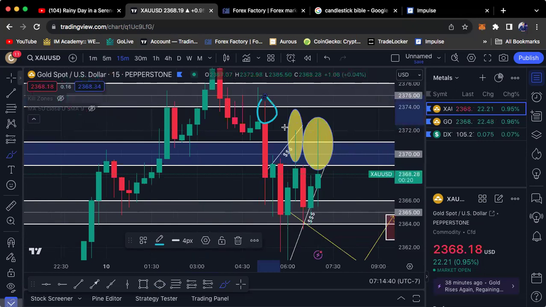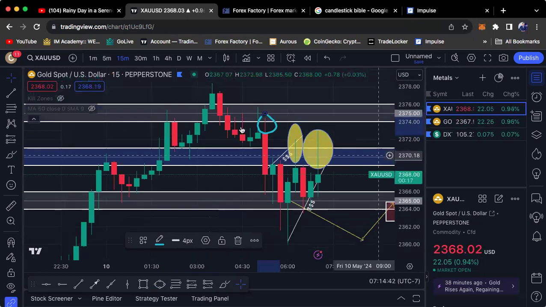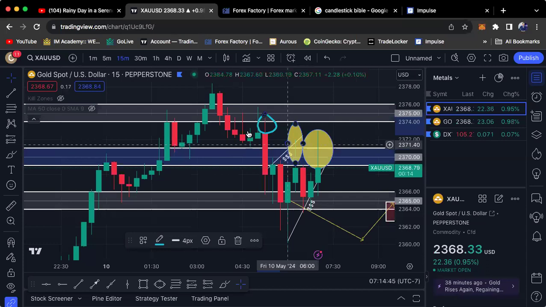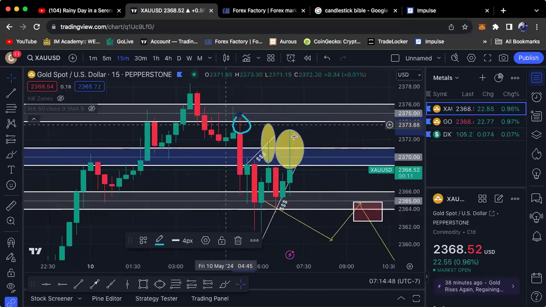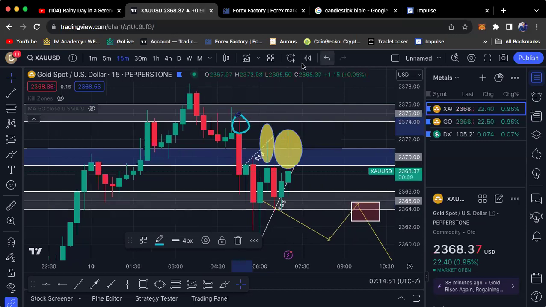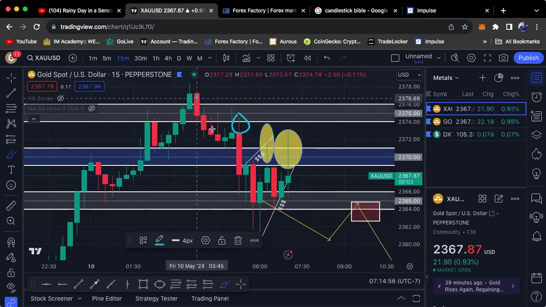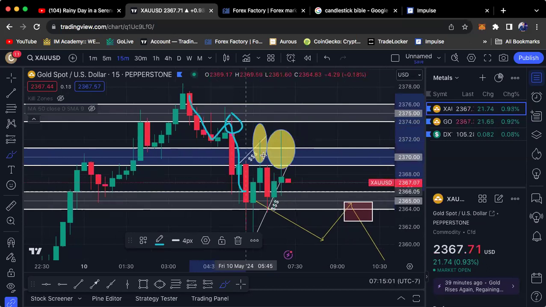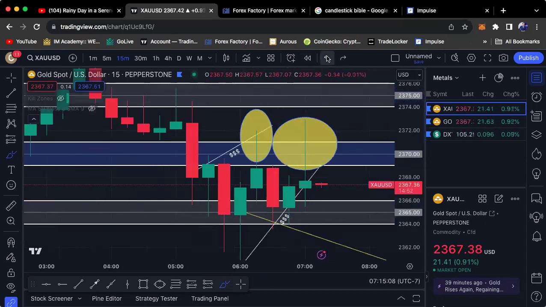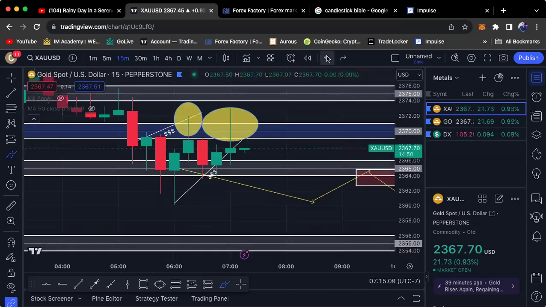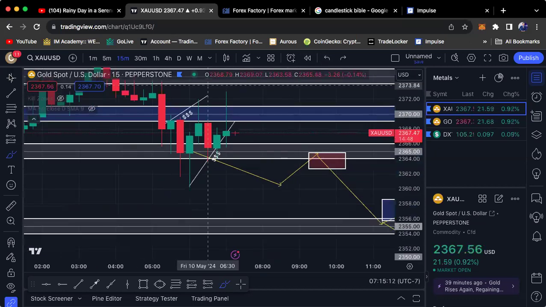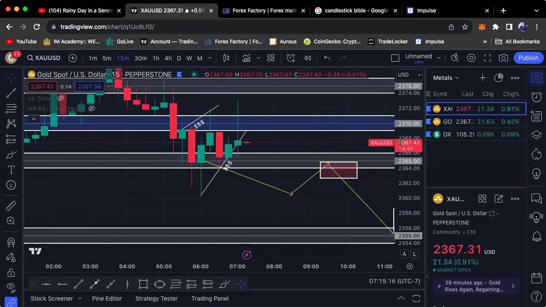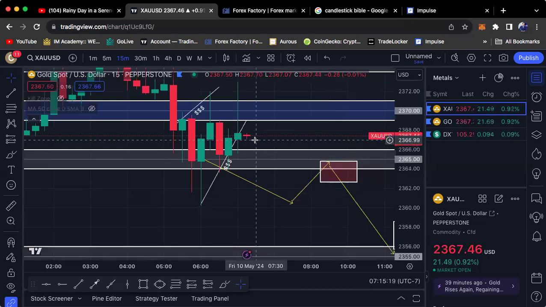And then on top of that, we have more red candles and blue candles. Price went down, pull back, down, pull back. So a 50-minute candle formed here.